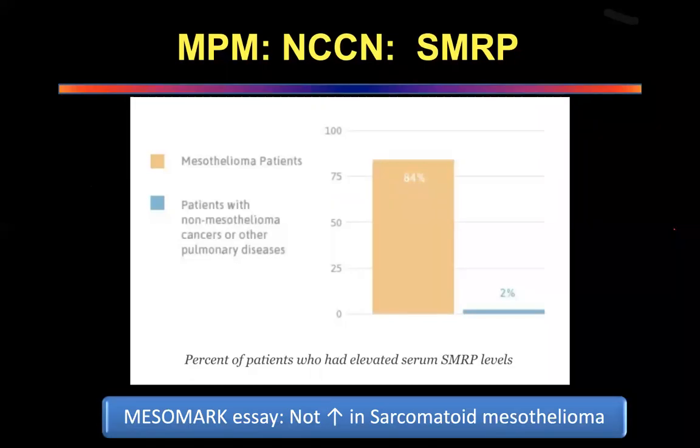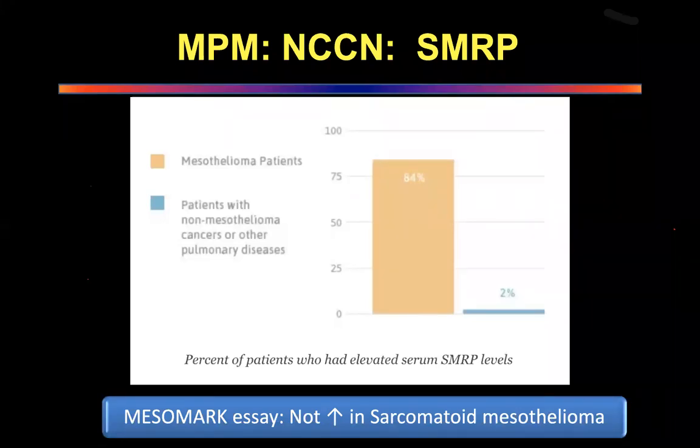So in other types of mesothelioma, it is elevated, but sometimes in sarcomatoid mesothelioma, there may not be that much of an elevation. And so you may not be able to diagnose purely on the basis of SMRP. Hence, they say the biomarkers are not to be used in isolation. You have to use the biomarkers in association with other things like chest X-ray, CT scan, and pleural biopsy.